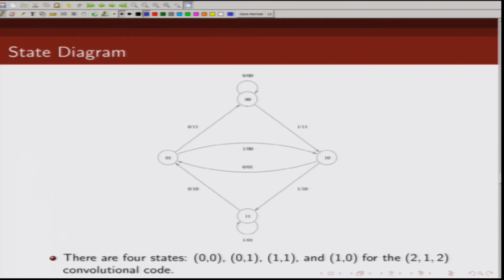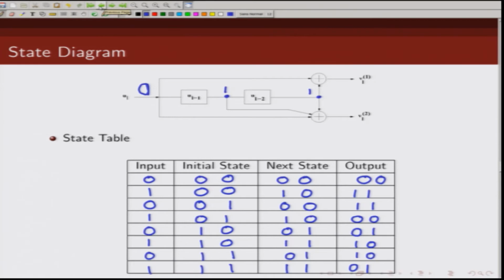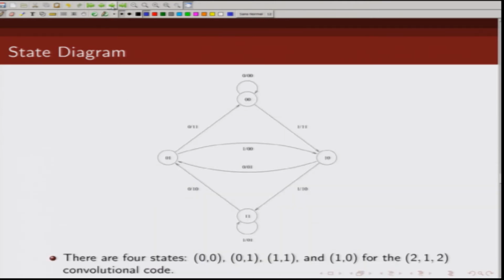So, if you go back and see here, if the initial state is 0 0 and input is 0, it remains in 0 0 state and output is 0 0. So, how do we denote this? Initial state is 0 0, input is 0, corresponding output is 0 0, and it remains in the 0 0 state. So, that we are denoting like this.